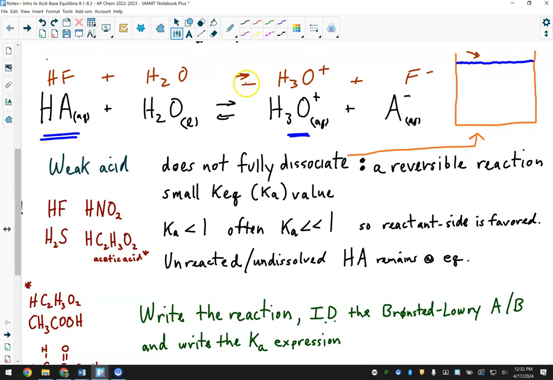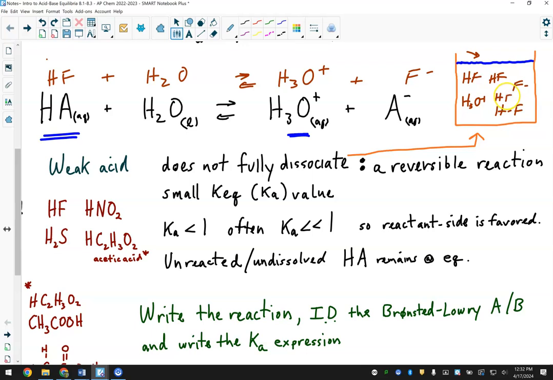And we know that's going to be an equilibrium because HF is one of the many, many weak acids. I only wrote 4 of them over there on the left, but there are hundreds. If you're not one of the 6 or 7 strong ones, you're weak. So what would this look like? Well, some of it is going to react, so you might have a little bit of H3O plus and F minus, but most of it remains bonded together.